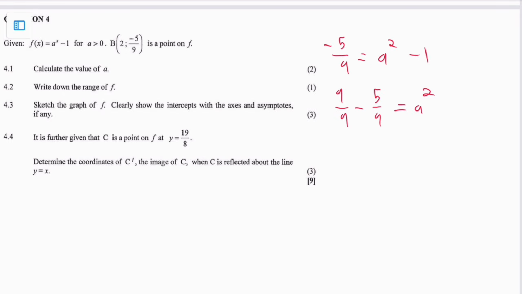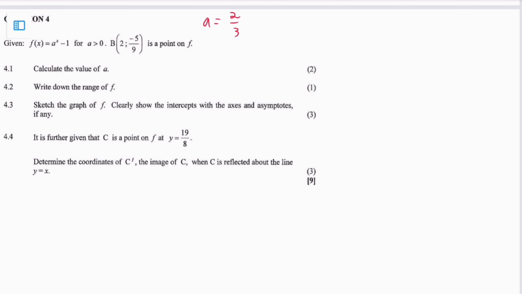Okay, and that will give you 4 over 9 square rooted is equal to a, and so we can say a is equal to 2 over 3. Please don't get confused between my a's and my 9's. I know they can sometimes look a bit similar, but they are different things. Just depends on how enthusiastically I'm writing, to be honest with you.